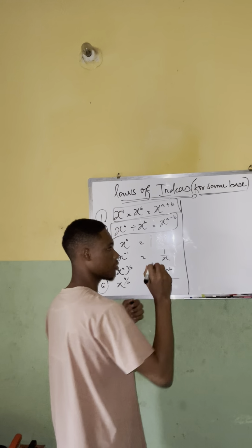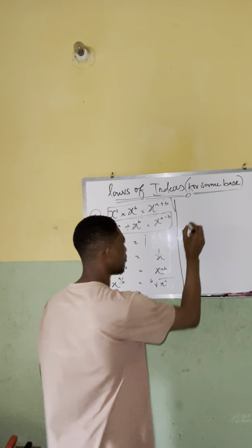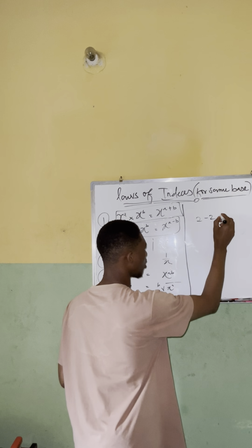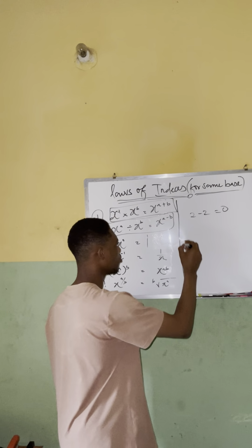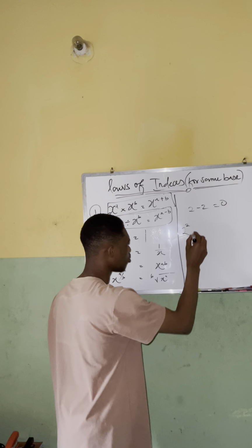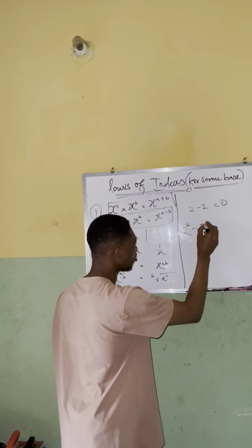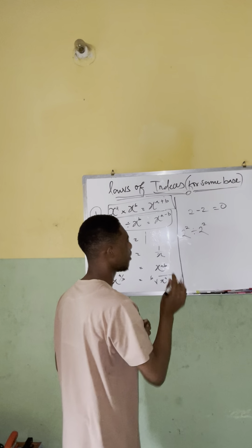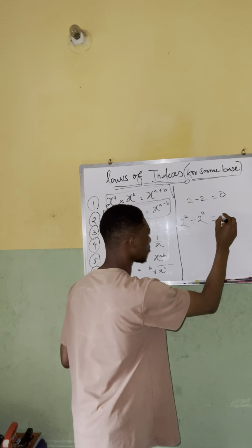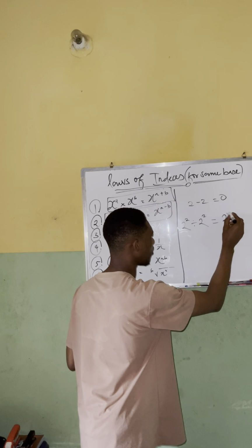Just think of it this way. If you do 2 minus 2, you get 0. Using that same concept, if you do 2 power 2 divided by 2 power 2, you're going to have 2 raised to the power 0.